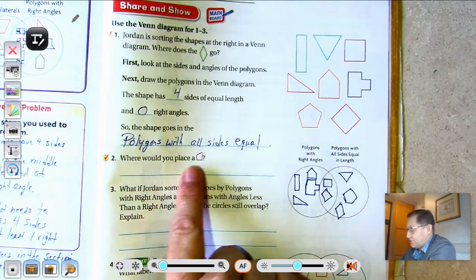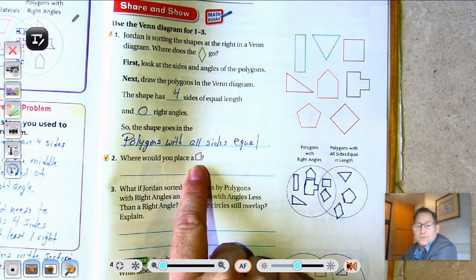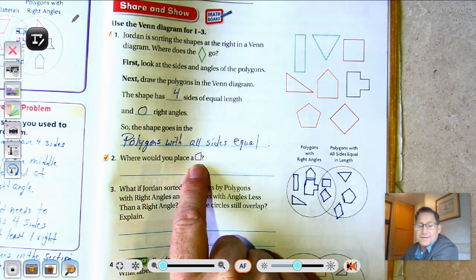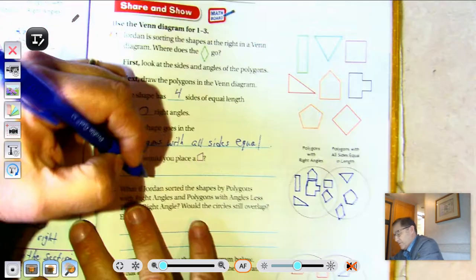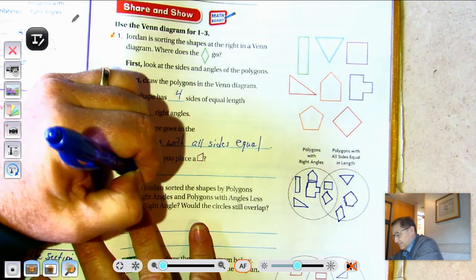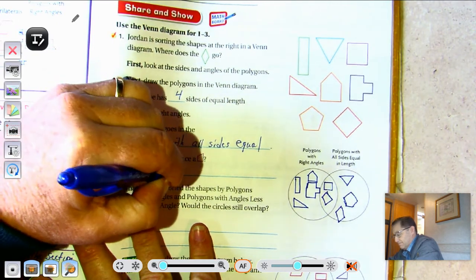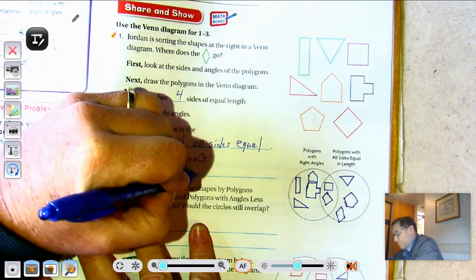Where will we place this shape? Well, it doesn't have four sides of equal length, but it does have a right angle. So it would be placed in the polygons with right angles.